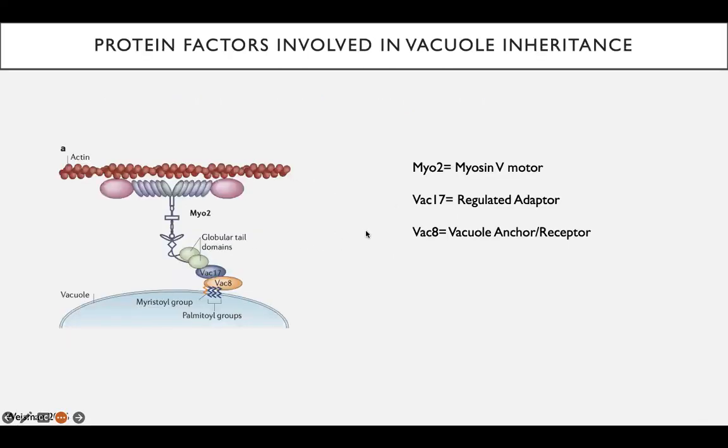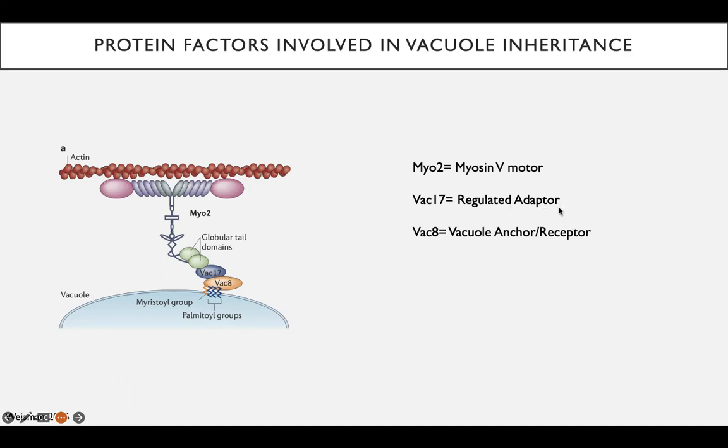So what's covered in that review are the key protein factors that are involved in vacuole inheritance in yeast. I'll talk about what these different protein factors are, but in particular, what I want you to notice is that you have a motor, a particular motor protein that will walk along the cytoskeleton, so that will give you directed transport.